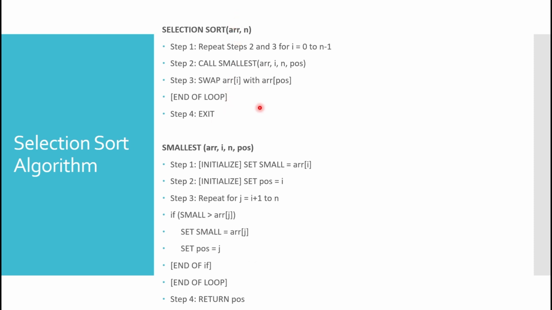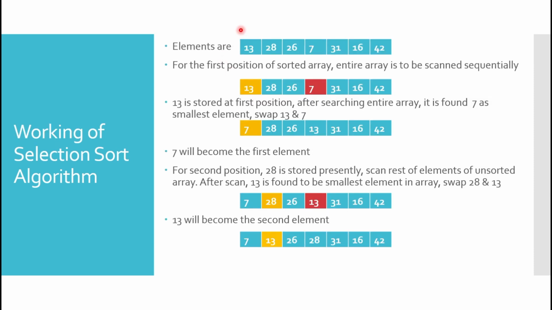Let's see with one example how it actually works. Suppose my given array is of size 7, and these are my elements: 13, 28, 26, 7, 31, 16 and 42. I am considering 13 as my first element, and I am comparing it with all other elements in the array.